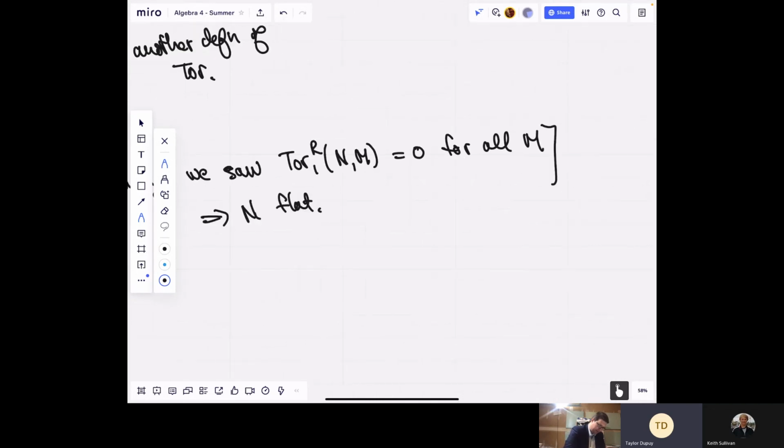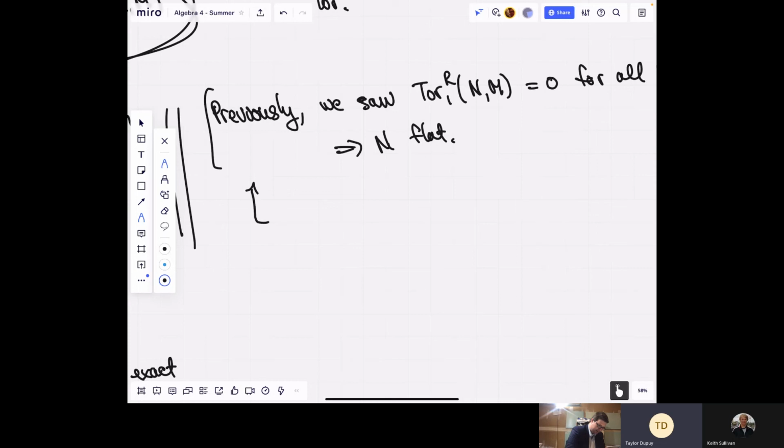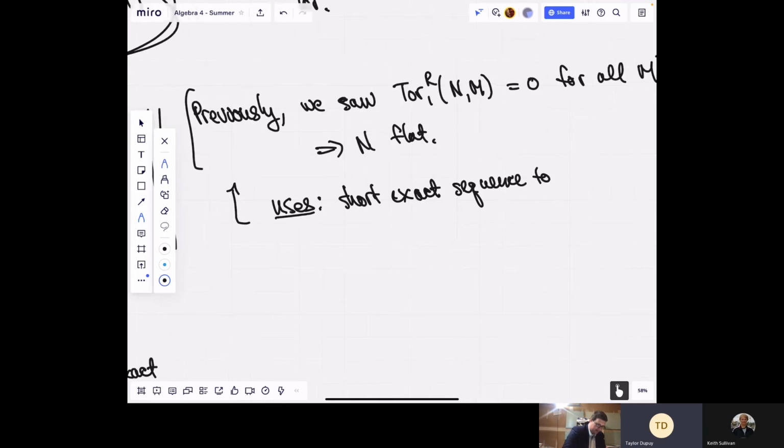And to do this, we needed the short exact sequence to long exact sequence. So this used a short exact sequence to long exact sequence.